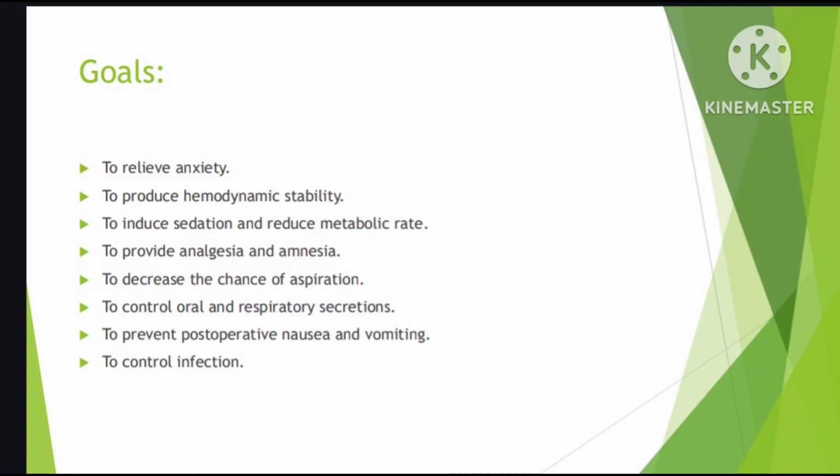The fourth one is to provide analgesia and amnesia. The fifth one is to decrease the chances of aspiration. The next is to control oral and respiratory secretions, to prevent postoperative nausea and vomiting, and the last one is to control infection.